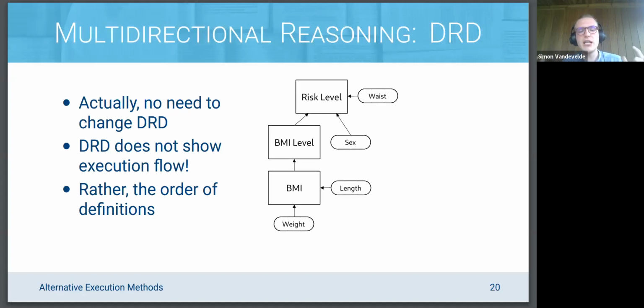We define the BMI level in the concept of BMI, right? And so whenever I talk about we calculate BMI level based on BMI, that's only partially true. We actually define it. The value of BMI level is fixed based on the value of BMI. And so because these are not execution flow arrows but definitional arrows, we can reuse this knowledge without having to change the DRD around.